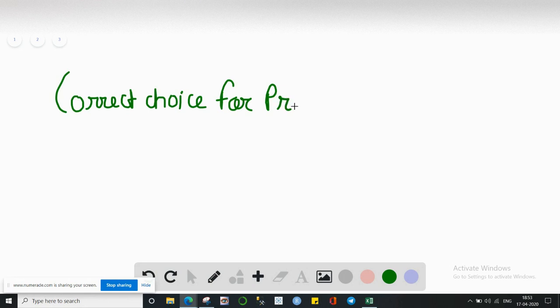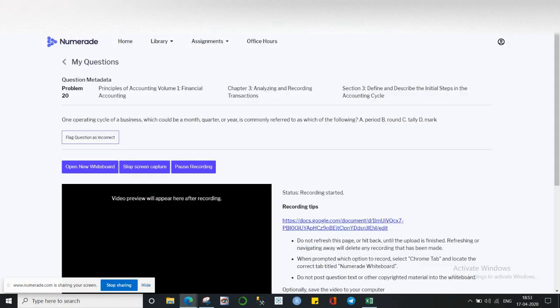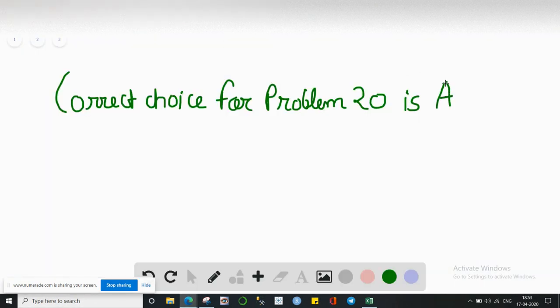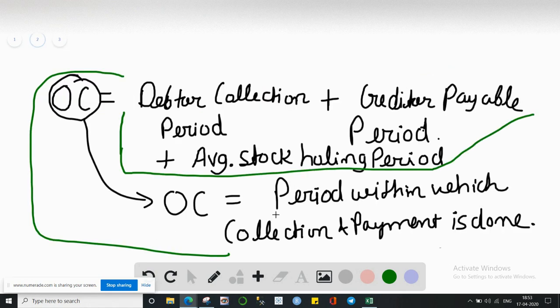So the correct choice is A. Okay, because it may happen that a debtor will take 45 days to make payment to the entity.